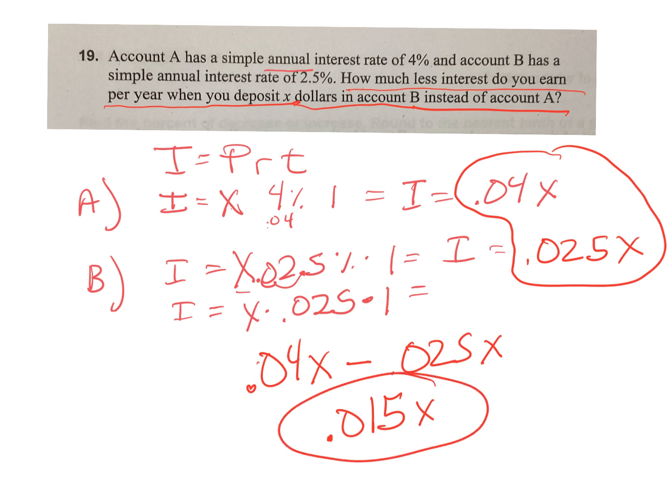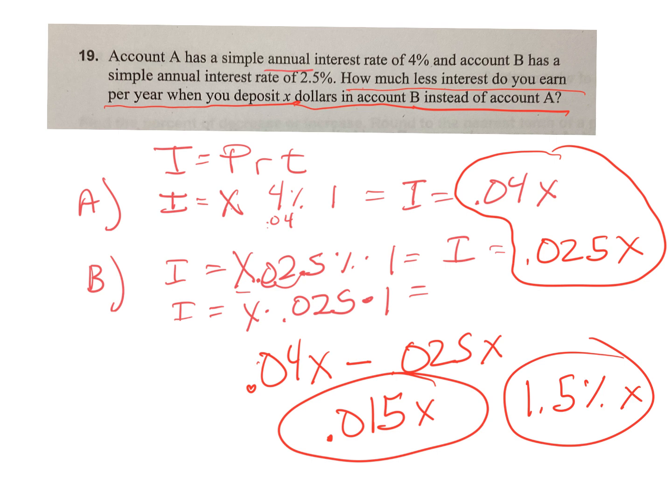And that's how much less interest you would earn. You could also say it's 1.5% times x. Either way, it works.